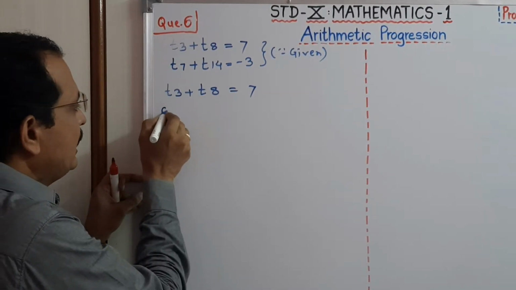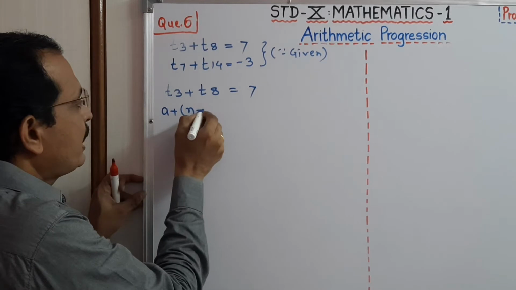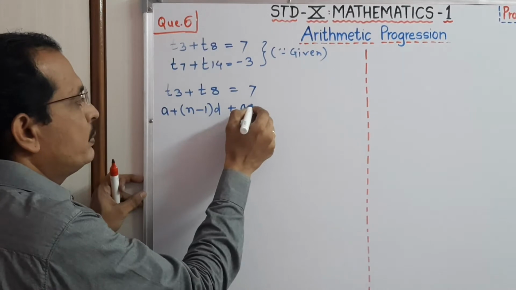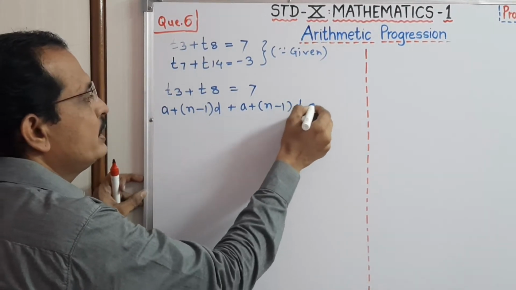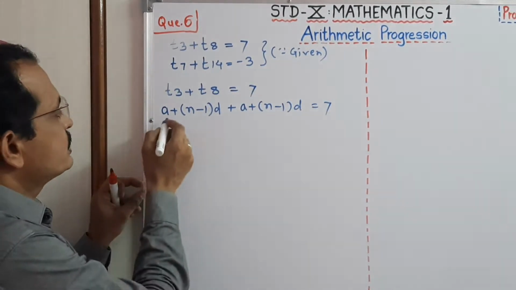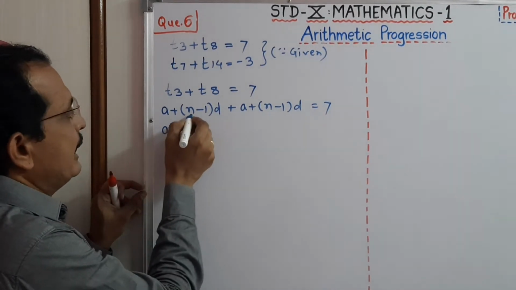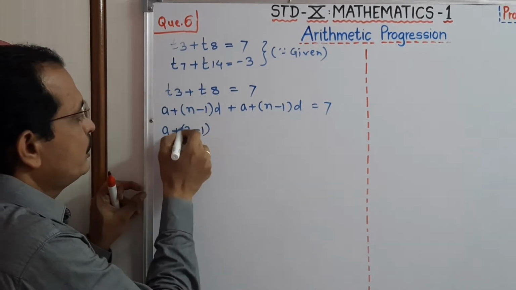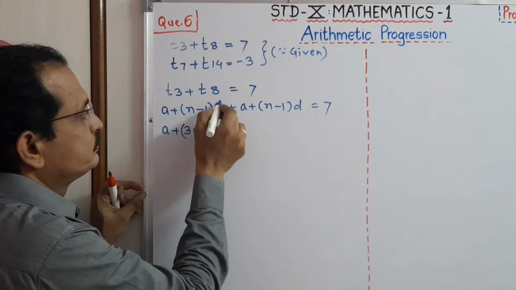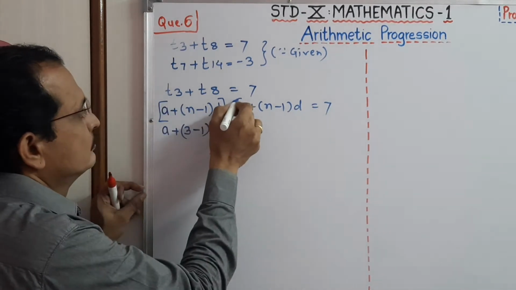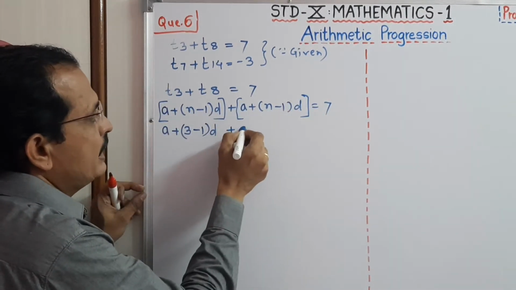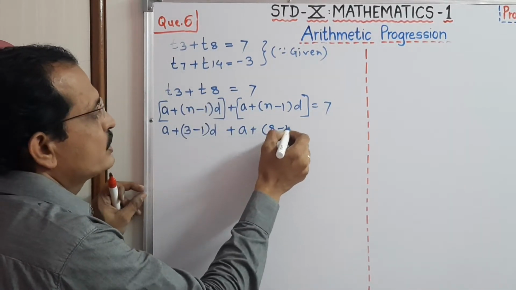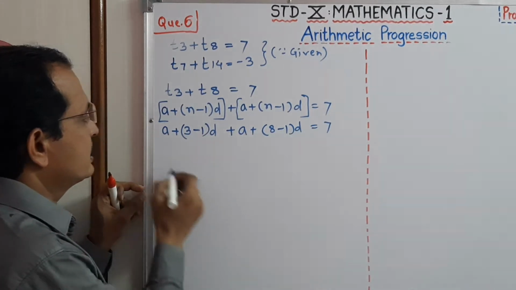It is A plus n minus 1 into D, plus T8, A plus n minus 1 into D, is equal to 7. Now see here, A plus n means 3, T3, minus 1 into D, plus A plus T8 means 8 minus 1 into D is equal to 7.